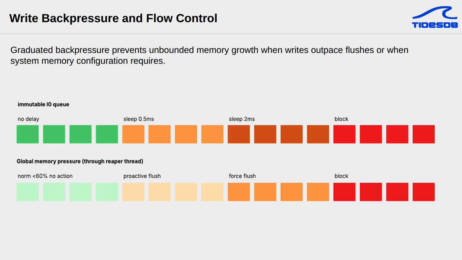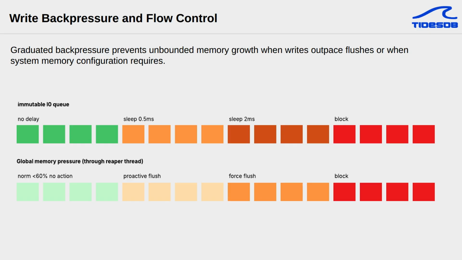If writes are coming in faster than the system can handle, it's going to apply more and more brakes until the point of blocking writes, until the queue drains a little bit, just to prevent OOM, out of memory.